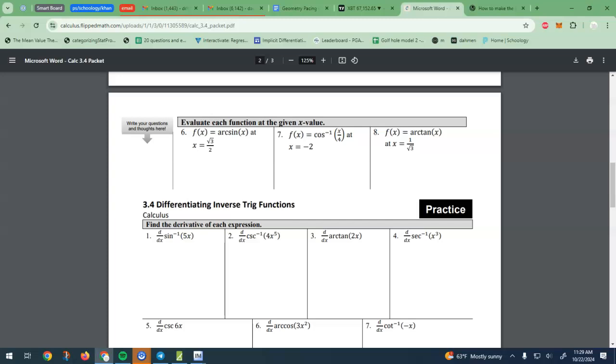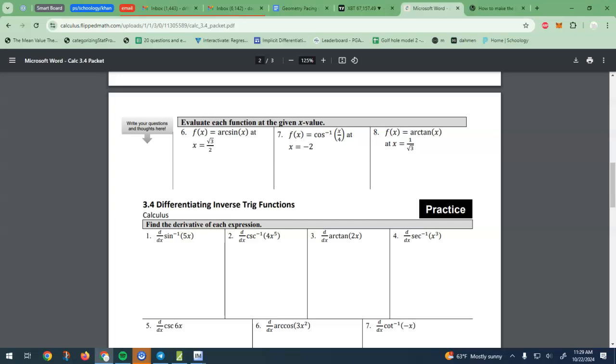But let's look at 6, 7, 8. So the hard part of these, I think, is you gotta know the units. So, arc sine is sine inverse.